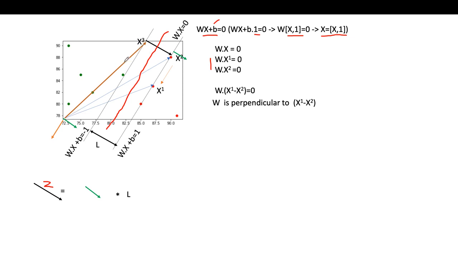We drop a perpendicular from there to measure the vector z, and we consider that point as x3. So you can see here we have x2, x3 and z. So x3 plus z equals x2, and we will use that.